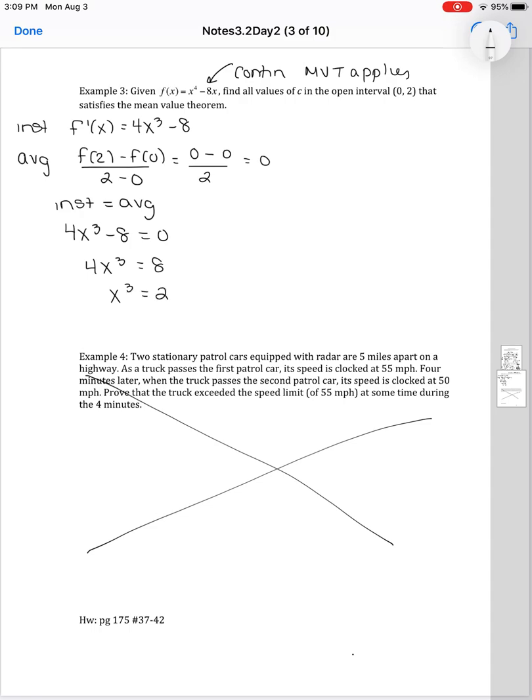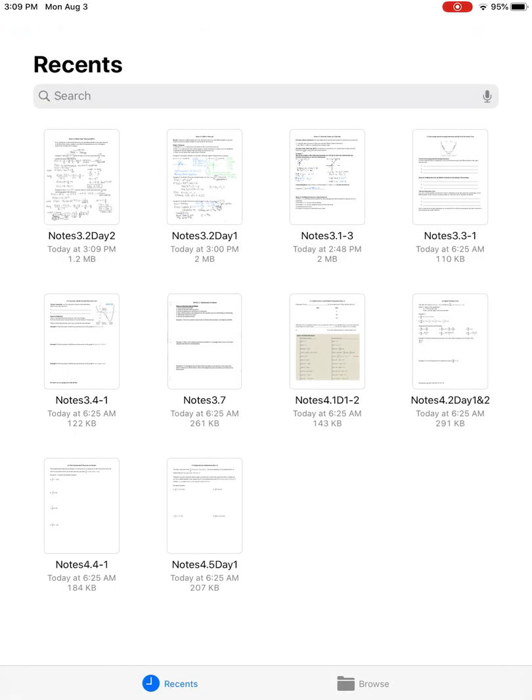I'm going to add the 8, divide by 4. And then I have to take the third root of both sides. So x is the third root of 2, and that is definitely a decimal, which falls within that range. So that's my answer for that one.